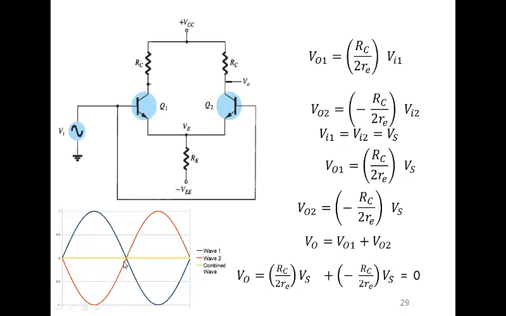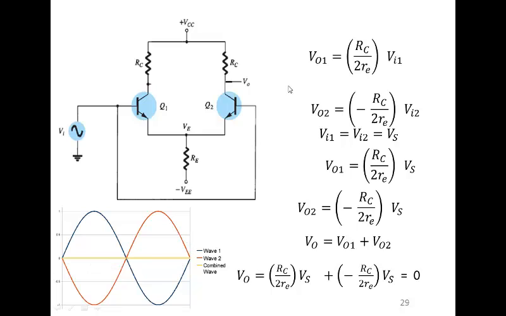So this red one is what I get when I apply input here, and these two would have the same gain. For this input I will get the same amplified output as for this input. So if I add these two outputs, this blue one and red one, I will get output 0.